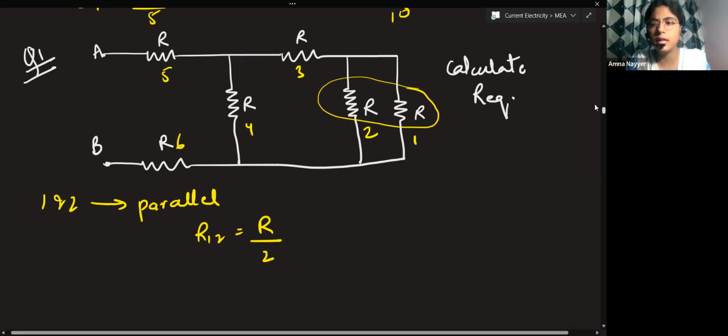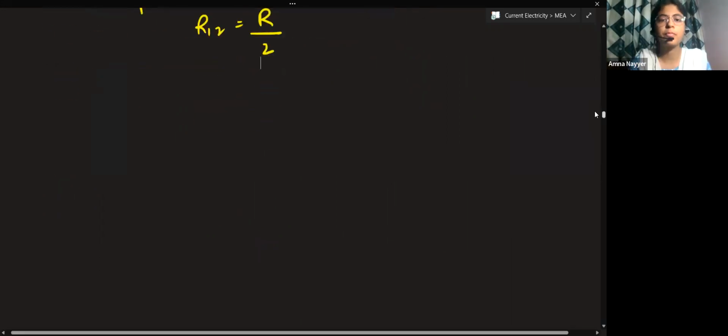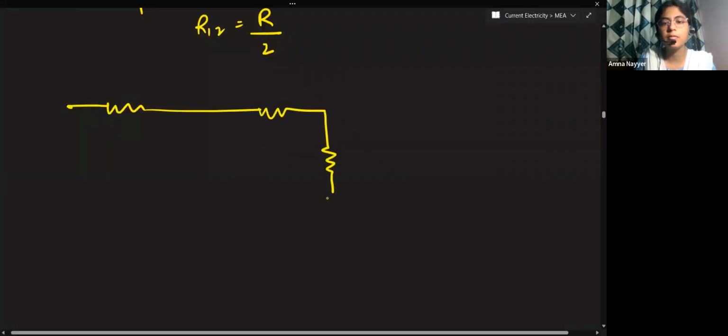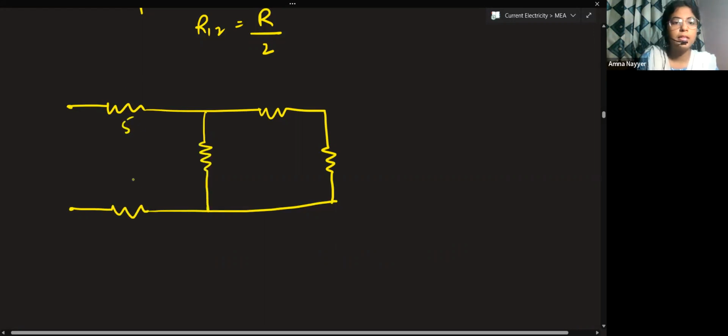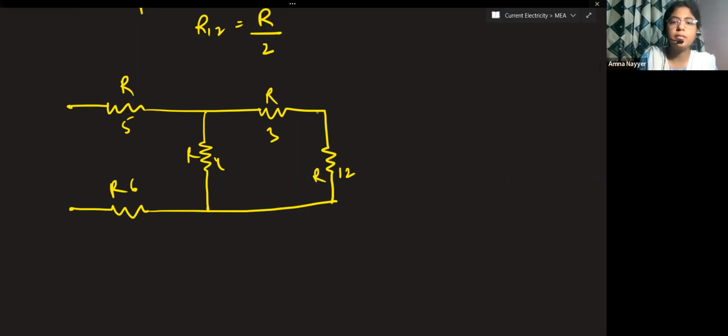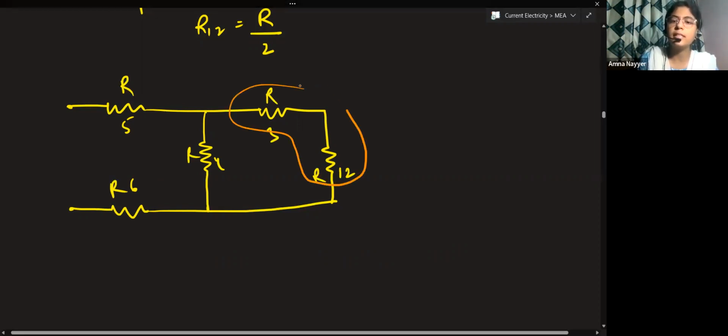Now, how does the circuit look like? This is 5, 6, 4, 3, and this is 1, 2. R12 has been combined. All are having the value capital R. Now, if you look at both these, they are connected by a single wire.